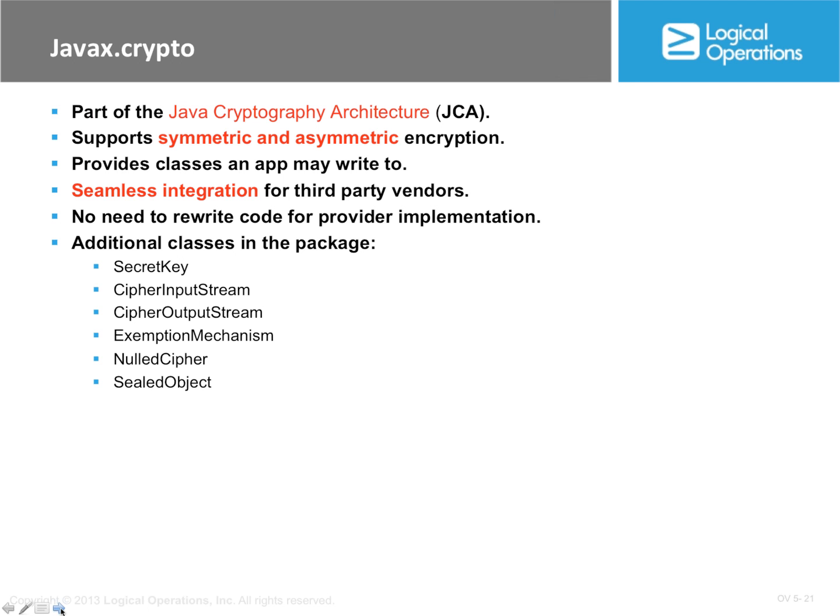Once again, bearing in mind it's supporting both symmetric and asymmetric encryption, so fast and slow, good and not so good, however you can best fit it in your head. The key advantage to this, however, is it's indicated that it integrates seamlessly into and with third-party vendors.